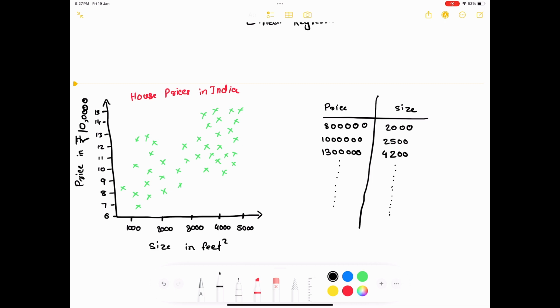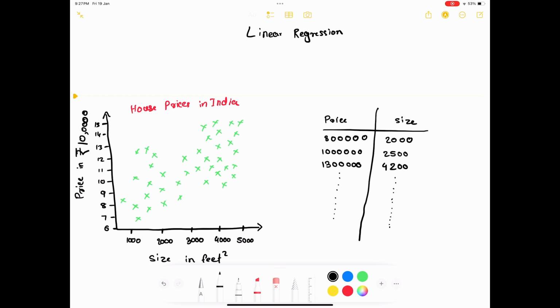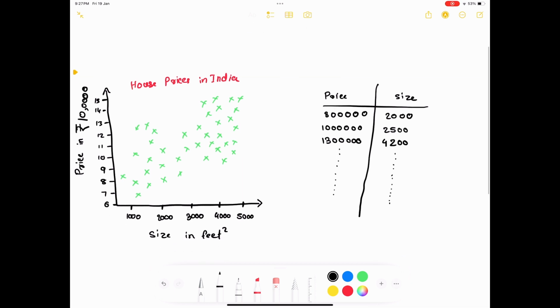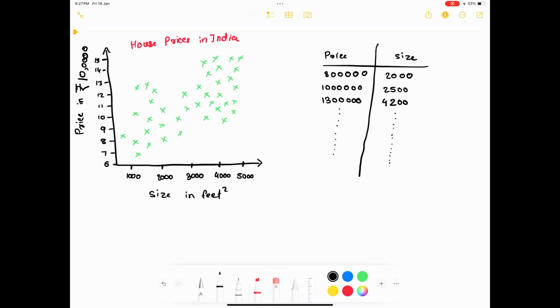We have prices on our y-axis and size in feet squared on our x-axis, and I've also written down the same data in a table format.